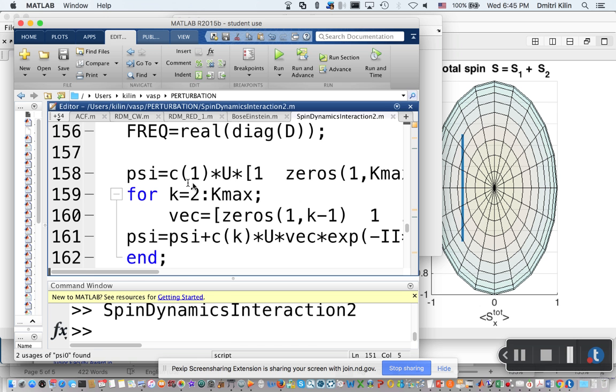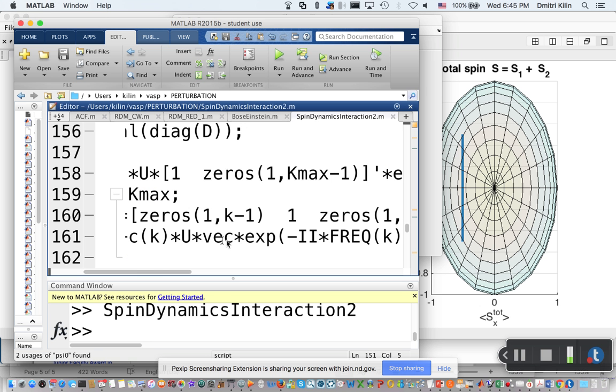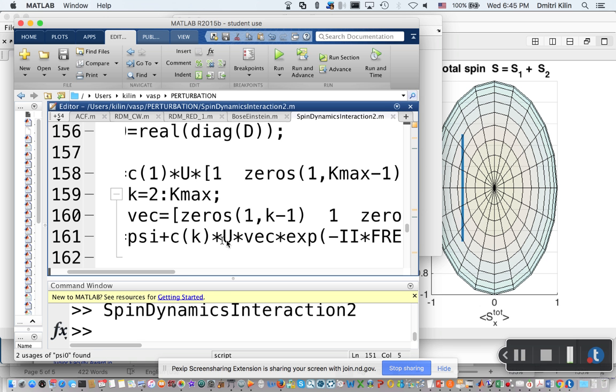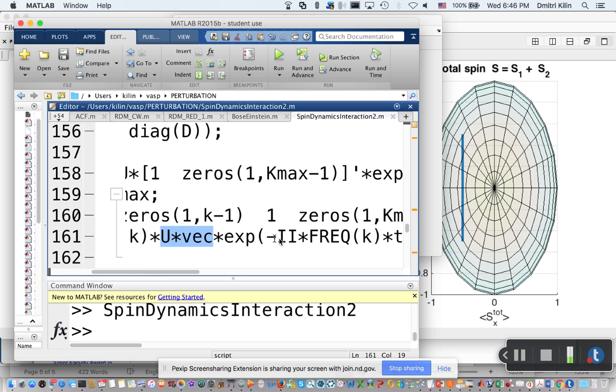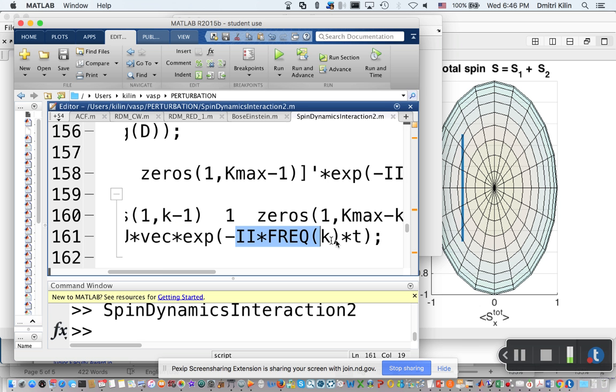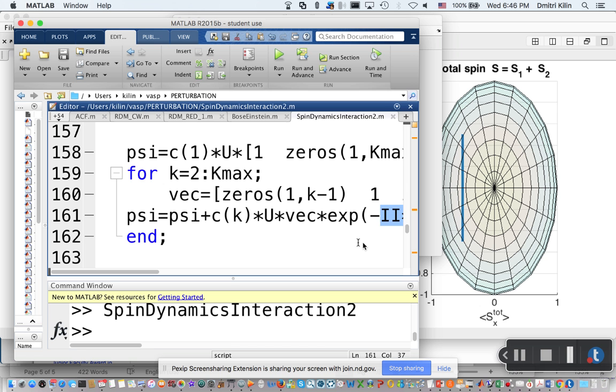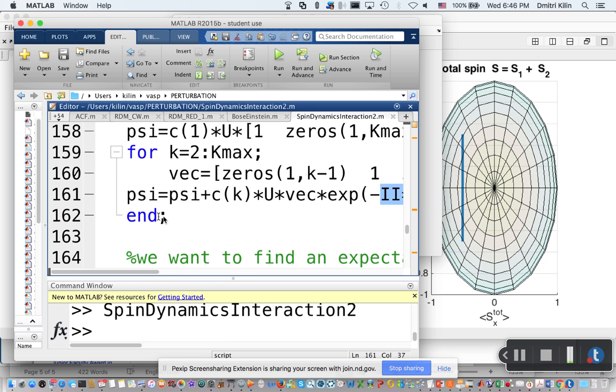Then we add together this expansion. So this is a standard thing for basic quantum theory. Expansion coefficient times eigenvector times oscillating exponential, right? And if you add together all eigenstates, then you get the solution, psi as a function of t.